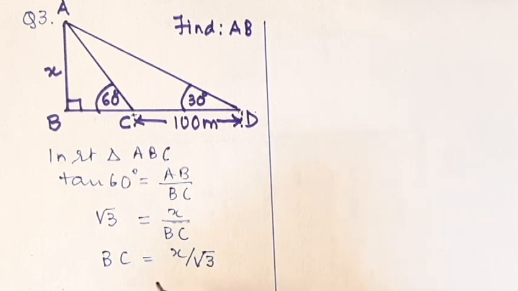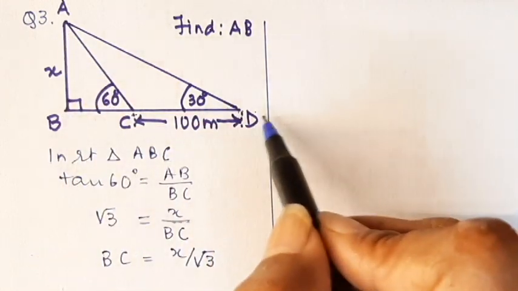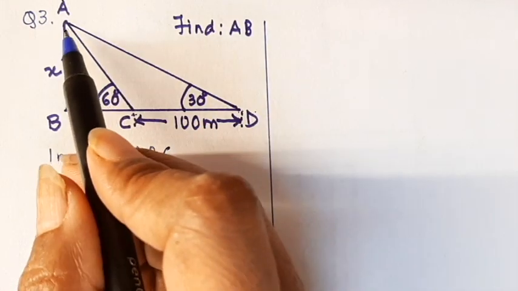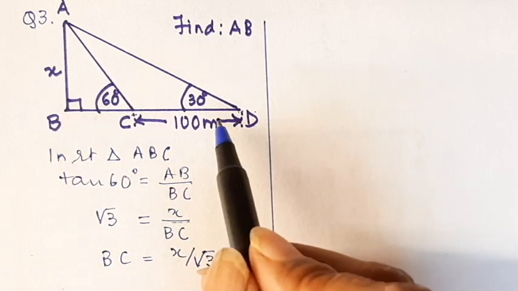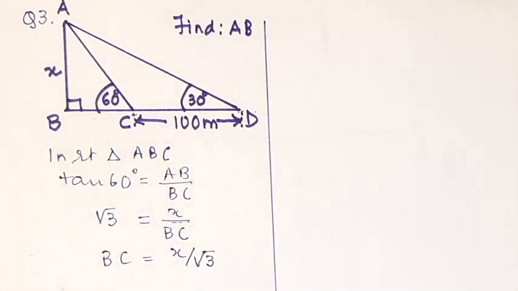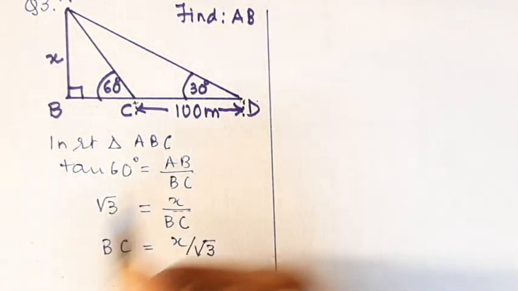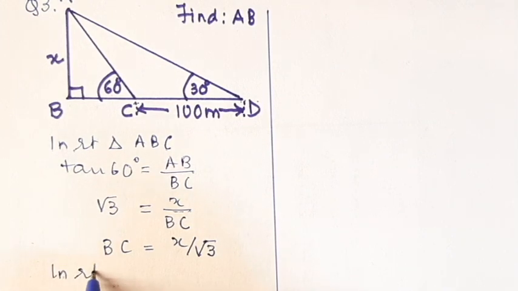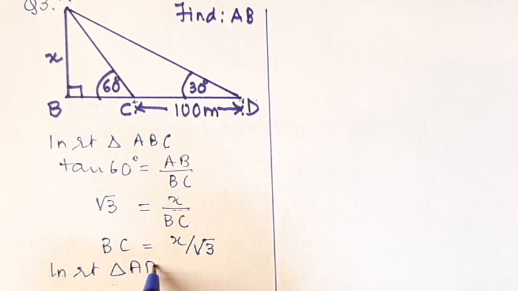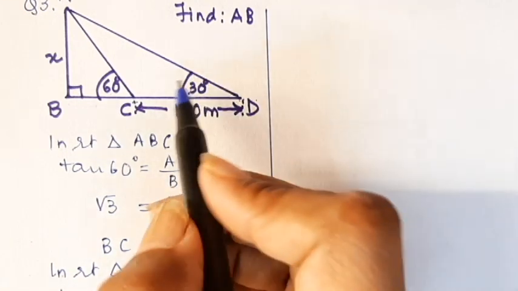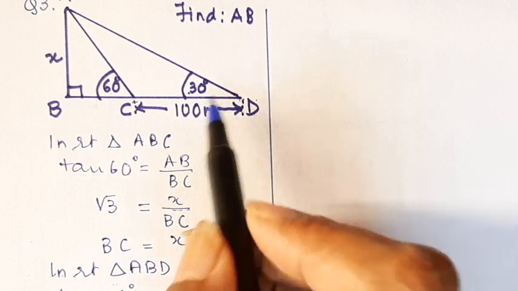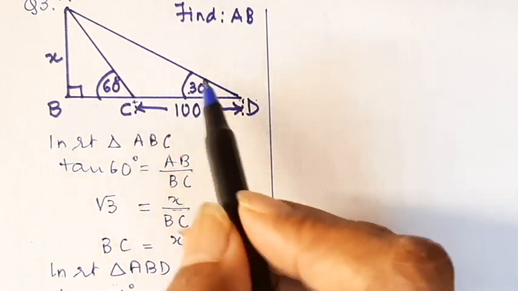Now let us look at the second right triangle. Our second right triangle is triangle ABD, and in right triangle ABD, we will have 30 degrees as the angle, and we will again take tan 30 degrees. Why would you take tan 30 degrees? Because in the big triangle, now you got to ignore this part.